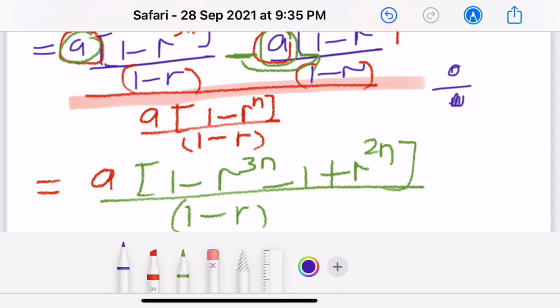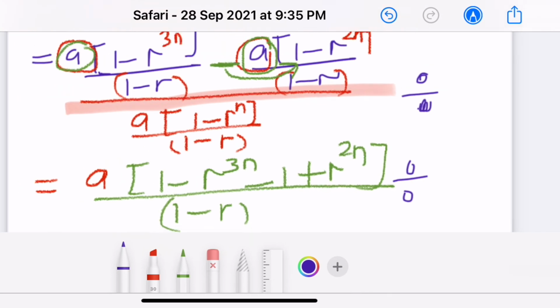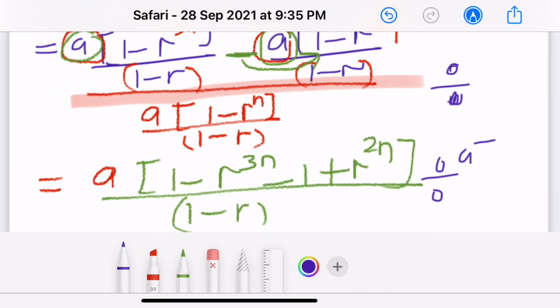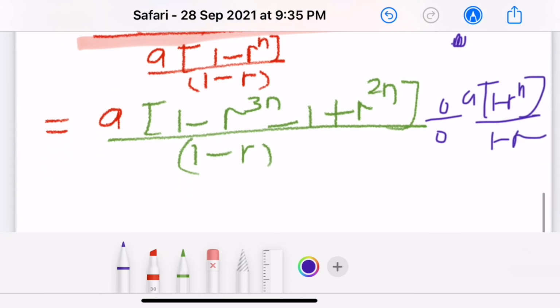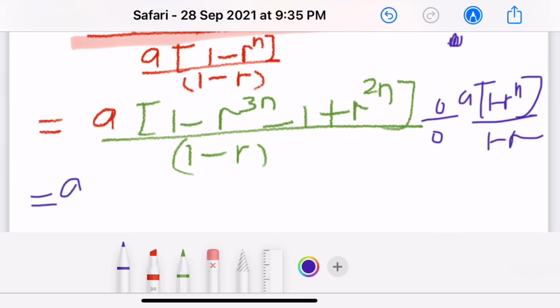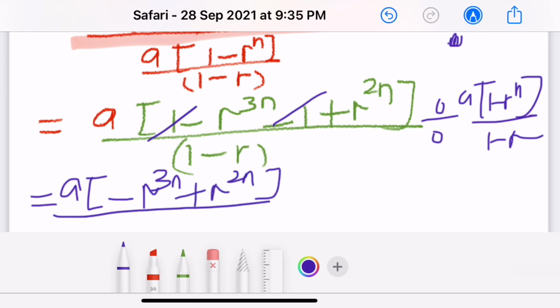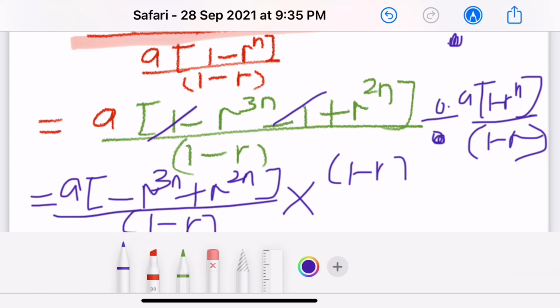When we divide by a(1 minus r^n) over 1 minus r, you can invert. This one cancels out already, and it becomes very simple. And 1 minus r, you must make it multiply because you divide, so you have to invert like this.